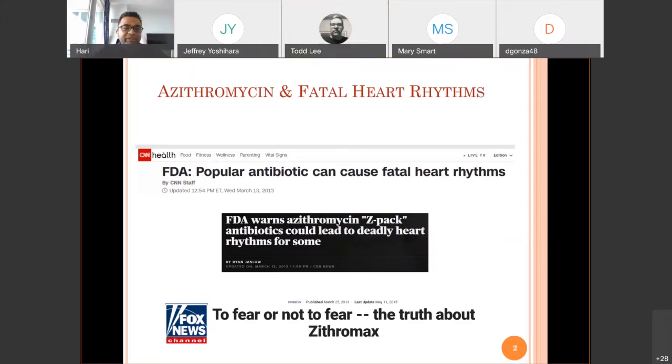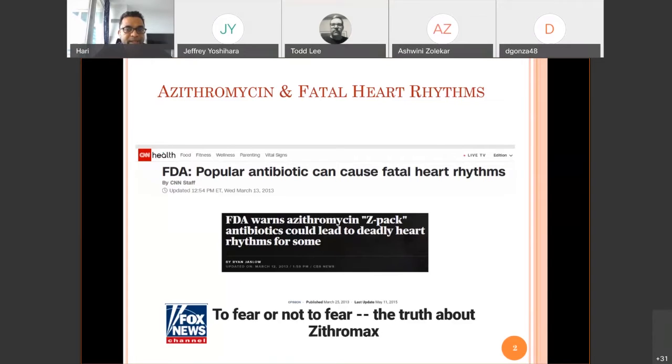I put this slide together, if it was to be in person, to kind of give you an idea, and I actually wanted to assess. I'm sure among everybody who's part of this WebEx, the majority of you have taken azithromycin at some point in your life, or at least somebody, maybe a parent or somebody else, was taking this.